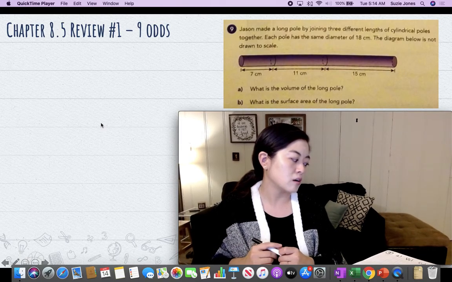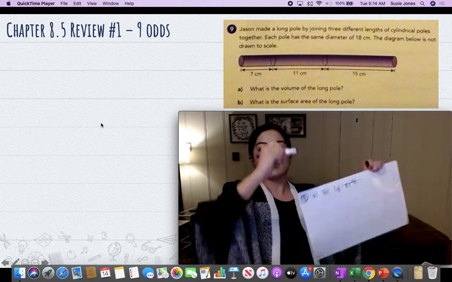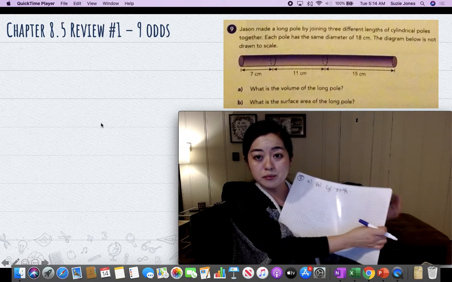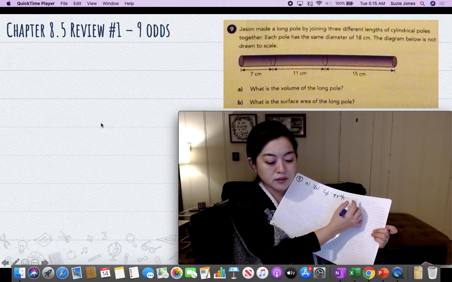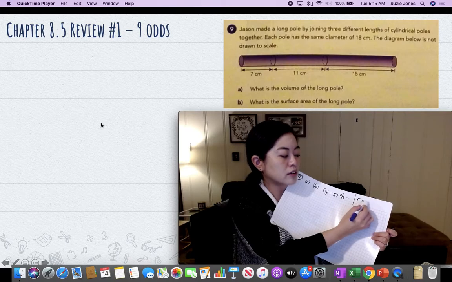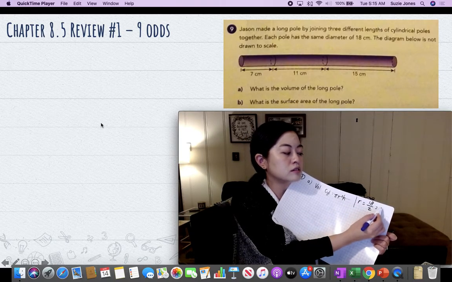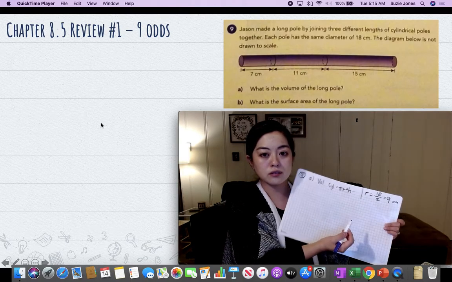If the diameter is 18 centimeters, then how big is the radius? Again, you have to do diameter divided by 2, which is equal to 9 centimeters. This is the radius.